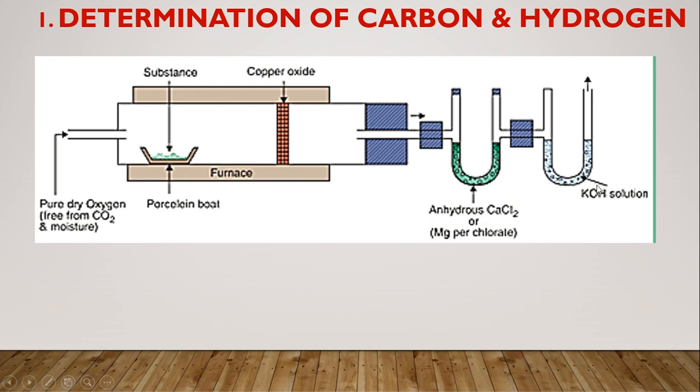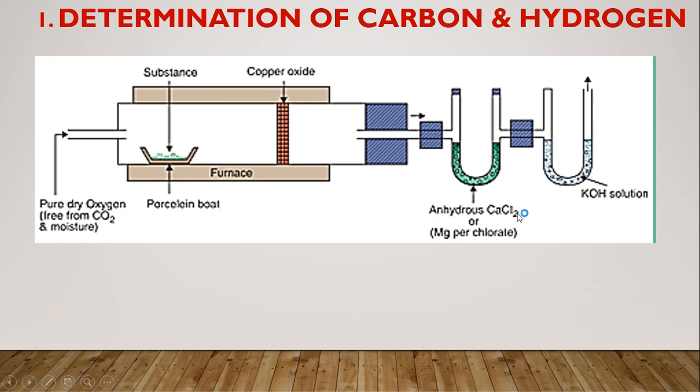These two U-shaped tubes are filled, and we know the amount of calcium chloride and KOH. When we burn the substance, CO2 is captured by the KOH, so the weight of the KOH tube increases.